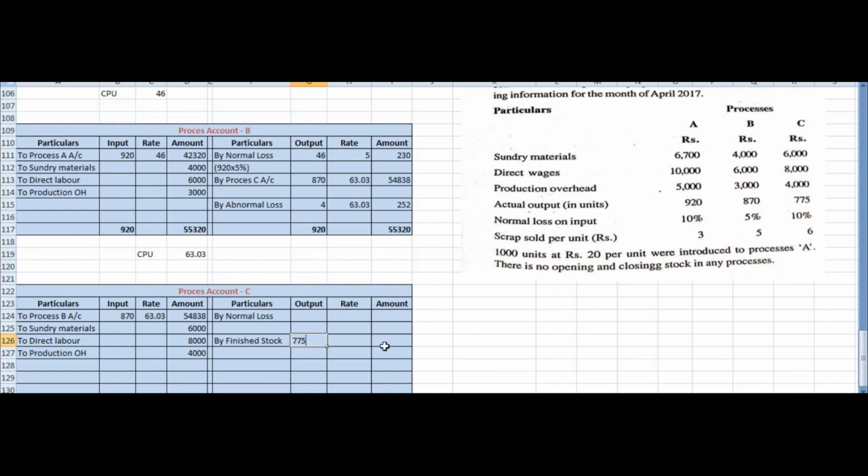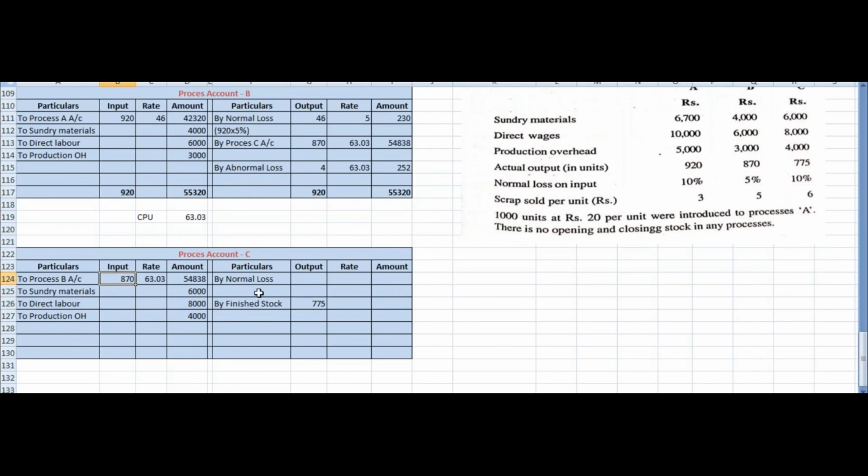775. The normal loss is 10% of this 870, which is 87. 870 minus 87 minus 775 gives 8.